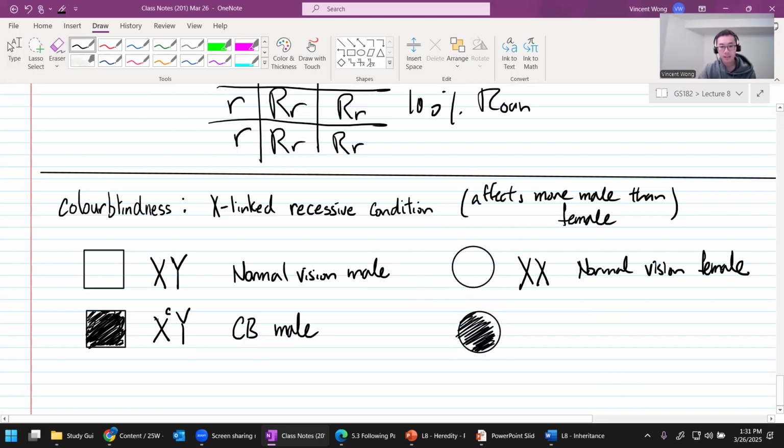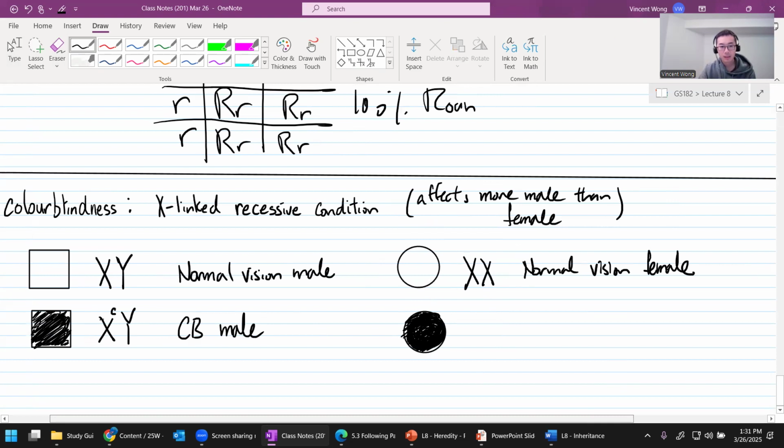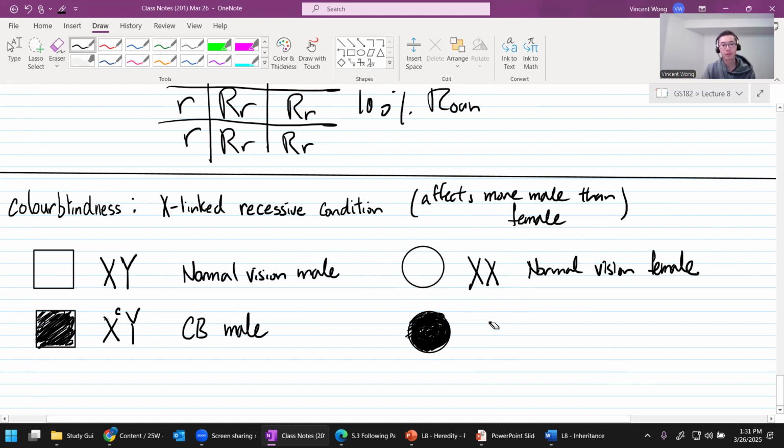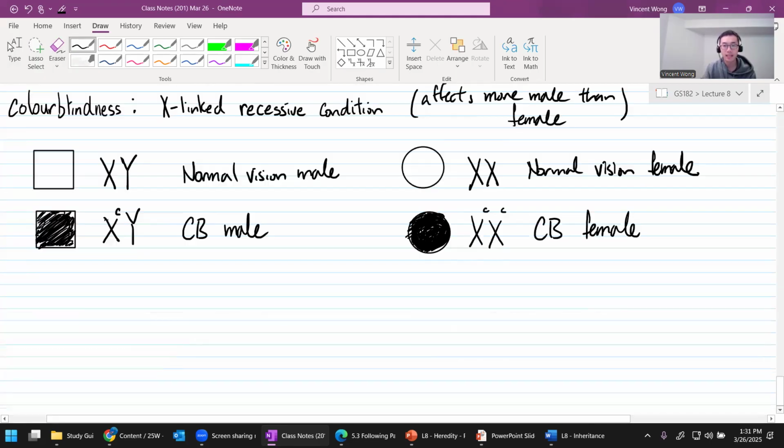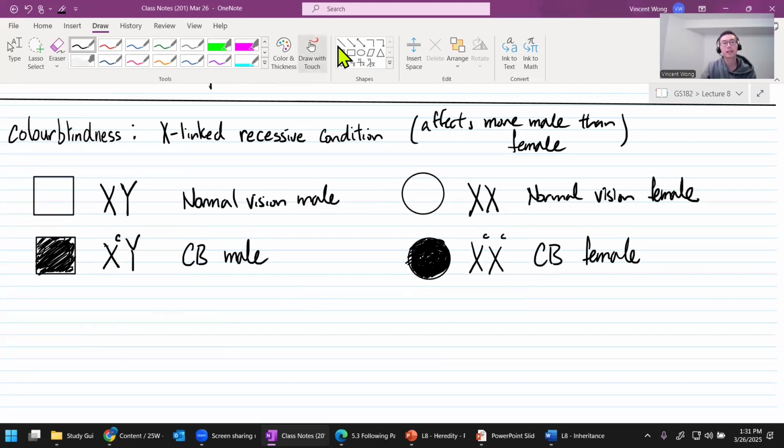What does this mean, and what's the genotype? What should I write for the genotype of the woman? XCXC, with the C for both of them. That's right, so this would be a colorblind female. Both X's have to carry the colorblind allele in order for the woman to be colorblind.